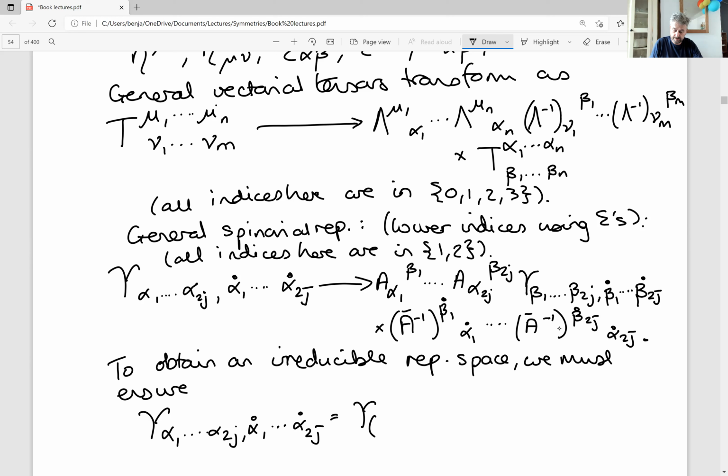So it has to be symmetric under the left SU2 indices and symmetric under the right-hand ones.